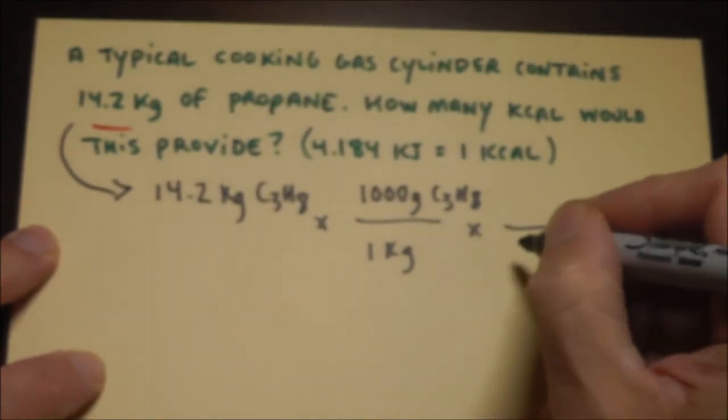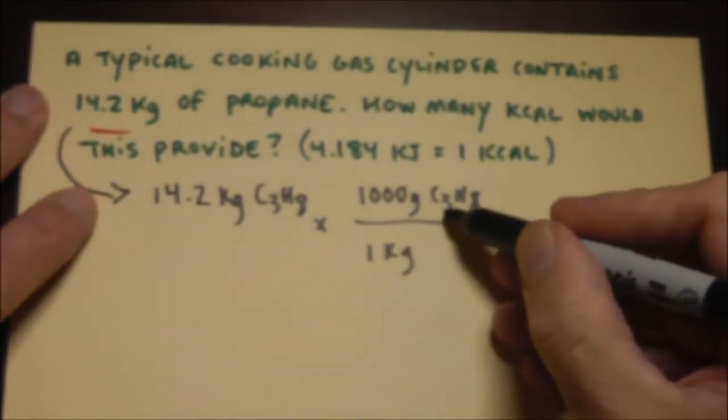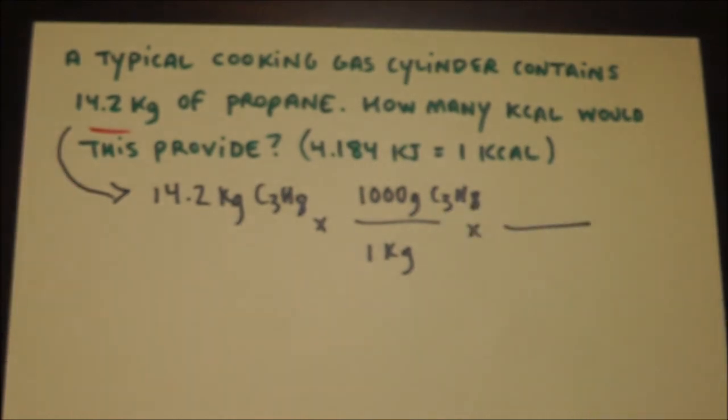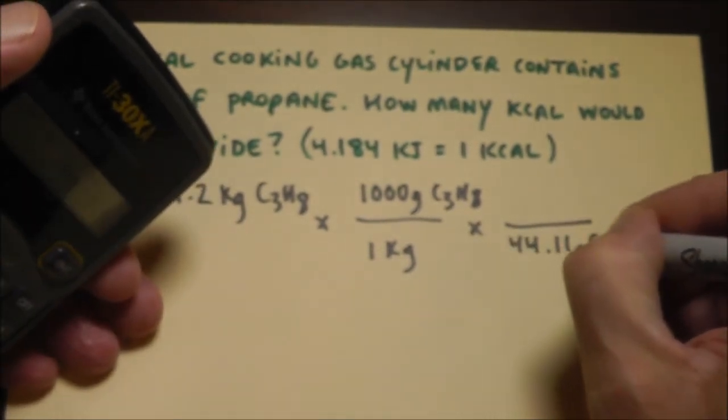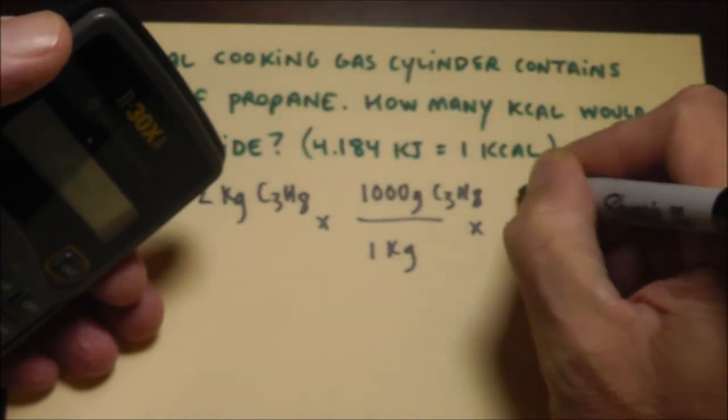And then, oh boy, 3 times 12.01 is 36.03 for the carbons. Hydrogens are 1.01 apiece, so that would be plus 8.08. This is 44.11 grams per mole.